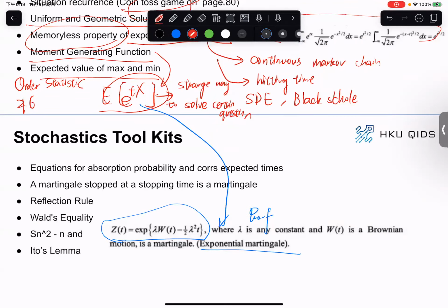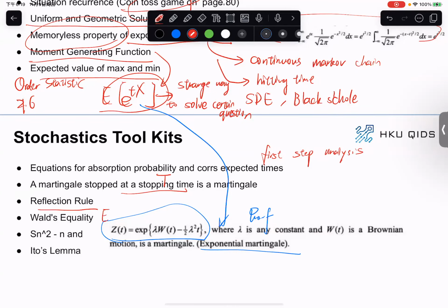For the stochastic part, first you need to know the equations for absorption probability and expected times, all the hitting time problems. You need to have your first step analysis, and then you solve them based on the linked equations. And remember the reflection rule, and you need to know that a martingale stopped at a stopping time, denoted as T, is also a martingale.